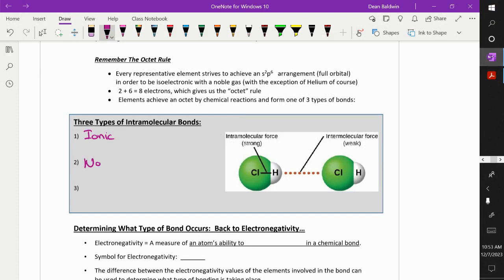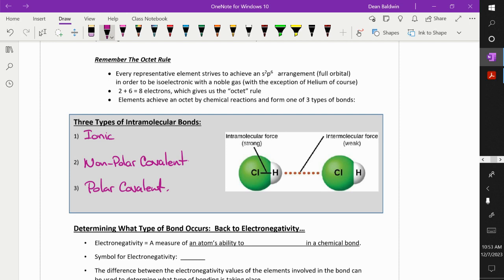There's non-polar covalent, and there's polar covalent. Polar means there's essentially a charge. Okay?